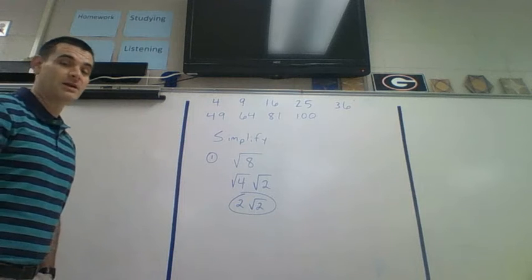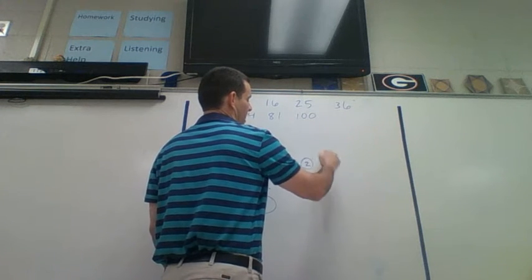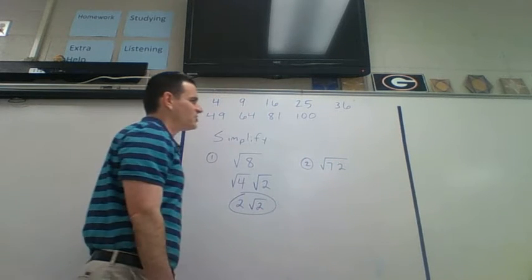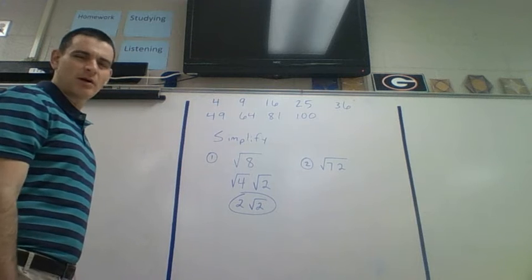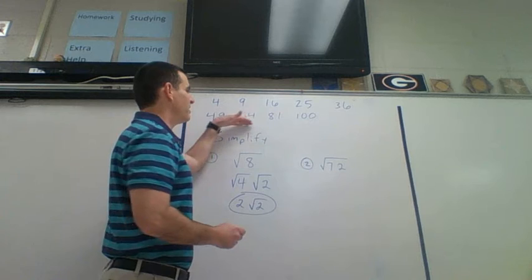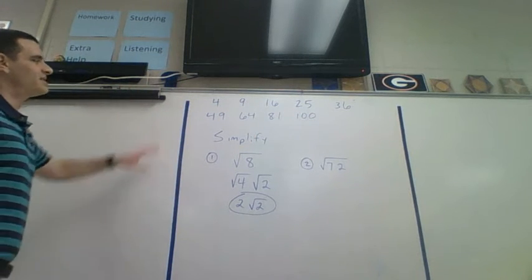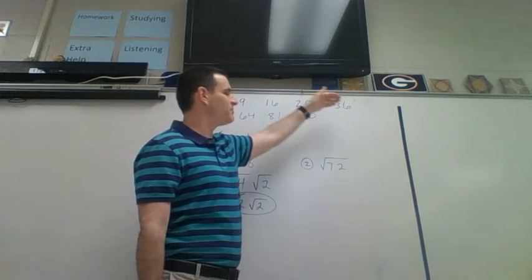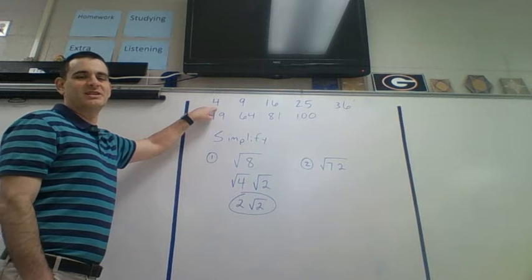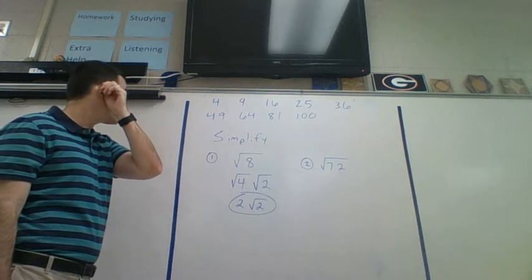Okay? So looking at the second example, let's look at the square root of 72. I think all the numbers on our assignment number 1 are smaller than 100, so you may not even need some of these bigger numbers, but you still look for them. Now, the reason I said earlier, don't go this way, is because 4 goes into lots of things, but we want to make sure you get the biggest number from this list that goes into it, not the smaller one, because that does cause trouble.